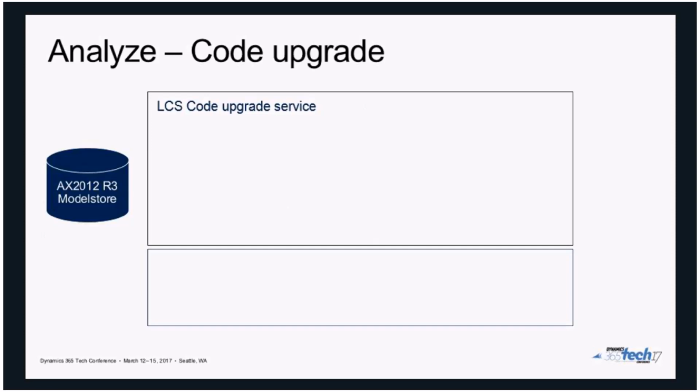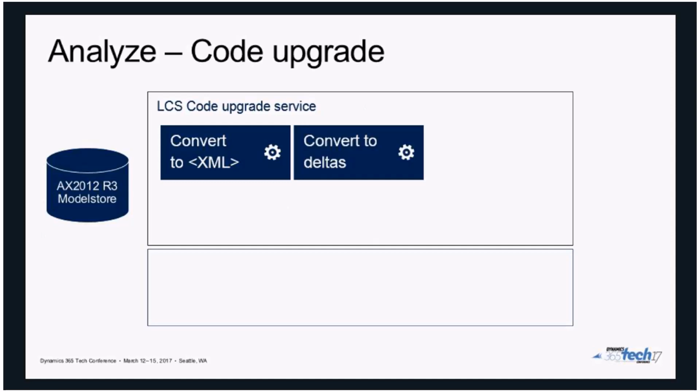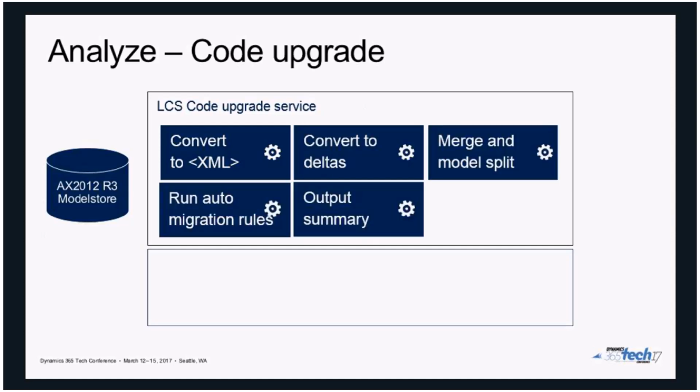Let's look at how this LCS code upgrade tool is actually working. It converts your current model store into XML files. As you know, in Dynamics 365, we don't use model stores anymore. All objects that you work against are saved as XML files. So our code upgrade tool converts them into XML files.